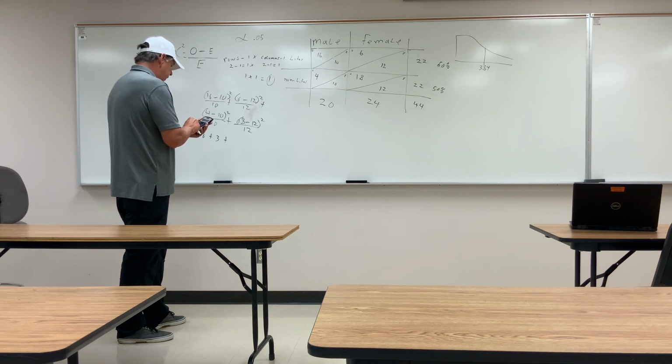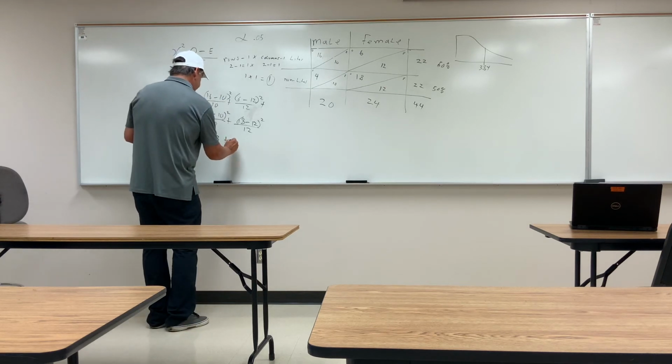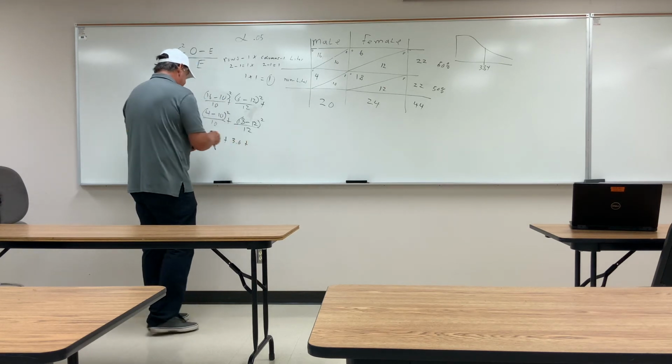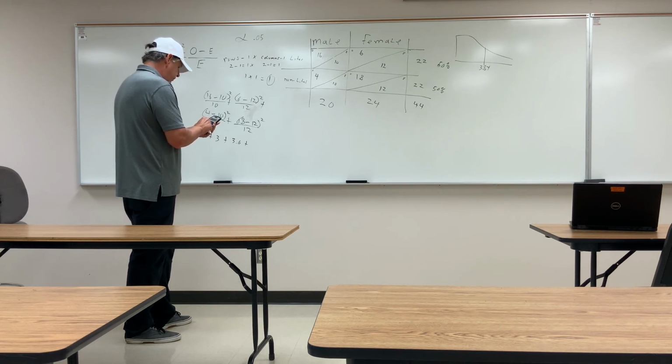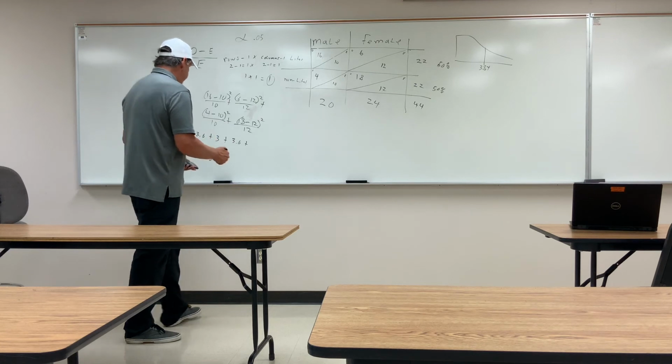And when I square that, it's going to turn it into a positive. Again, 36 divided by 10 is going to be 3.6. Plus 18 minus 12 gives me a value of 6. Squared is 36, divided by 12 is going to give me 3.